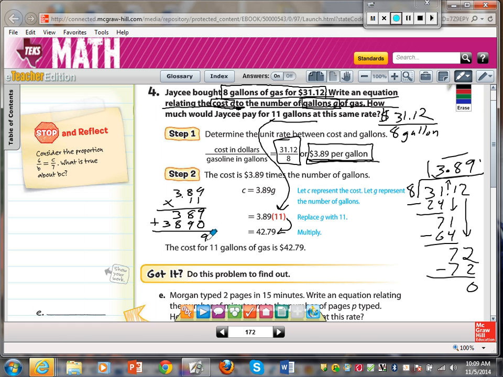This will be 9. 9 plus 8 is 17. 8, 9, 10, 11, 12. Plus 1, this is 4. Now we go back and we check the decimal places. Here we have 1, 2 decimal places. So we put the same thing here, 1, 2. So it's 42.79, which is the same thing as that.